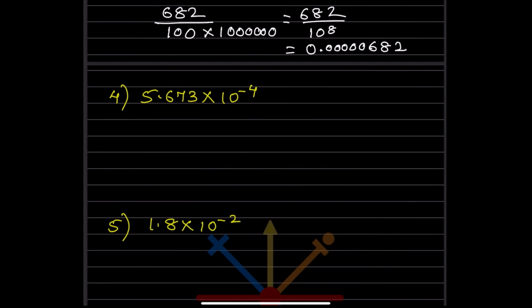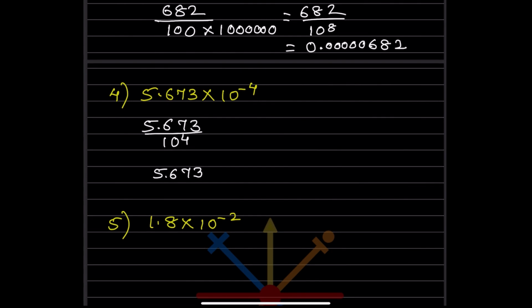So the next one here now, 5673. Here we can write it as 10 raised to 4. So 5673, sorry, 5.673. So here will be 1, 2, 3, 4.